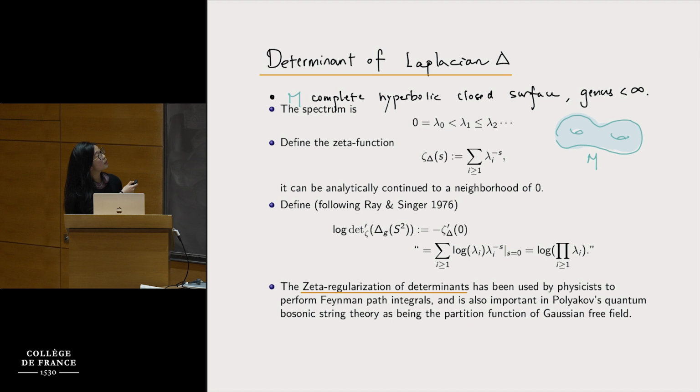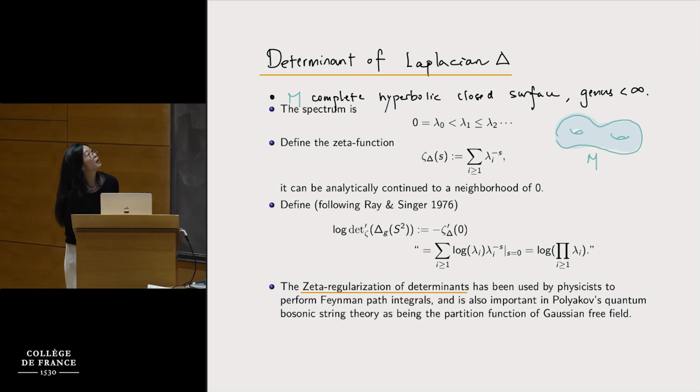Now we fix the surface to be a complete hyperbolic closed surface with finite genus. It's hyperbolic, the metric is fixed. The spectrum of minus the Laplacian starts from 0, corresponding to constant functions, and then all the positive terms, and they grow linearly.